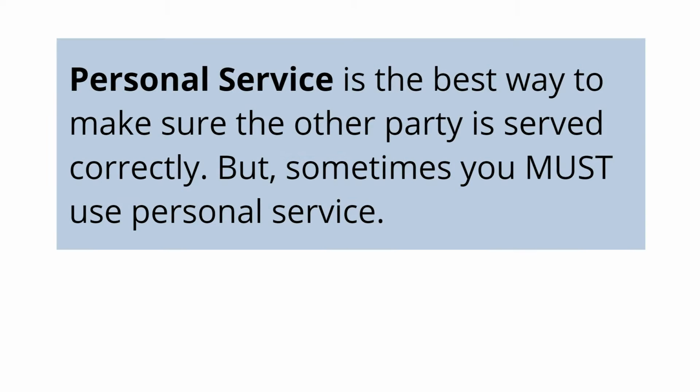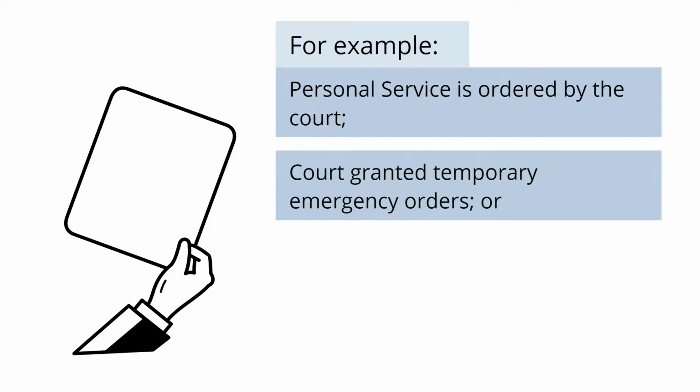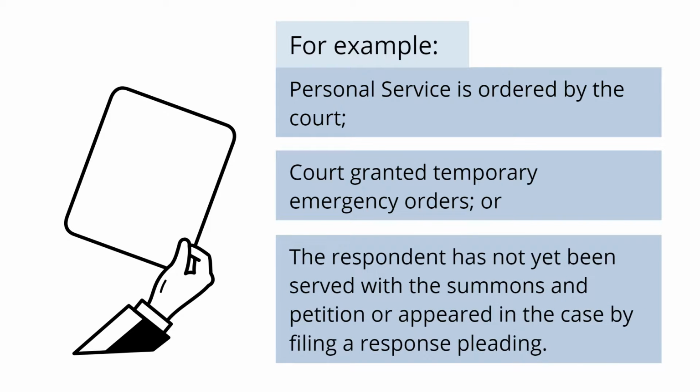Personal service is the best way to make sure the other party is served correctly, but sometimes you must use personal service. For example, when personal service is ordered by the court, when the court granted temporary emergency orders, or when the respondent has not been served with the initial summons and petition, or appeared in the case by filing a response.